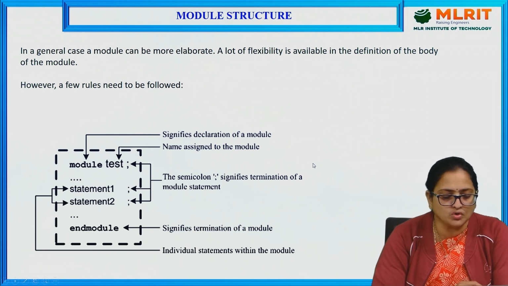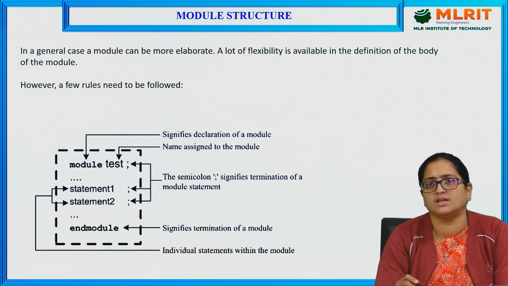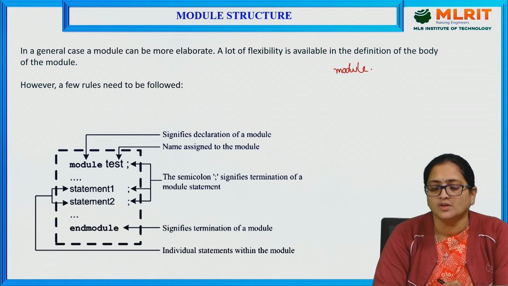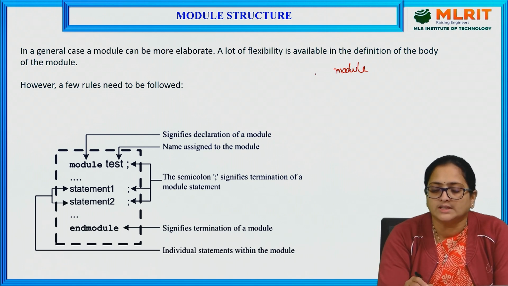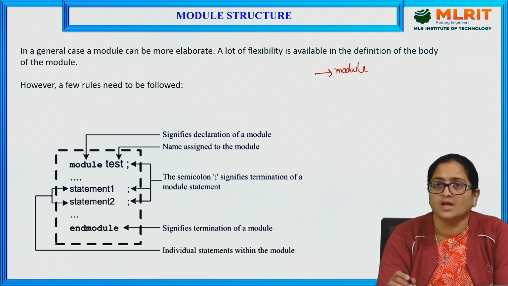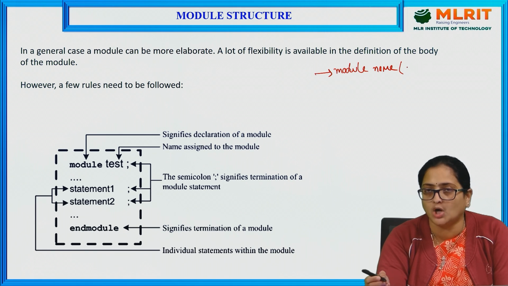So this is a module structure. Previously we checked one example test bench code. There also we started with the module keyword. In any module structure, the Verilog code will start with the module keyword, followed by the module name, followed by the ports, either input port or output port.